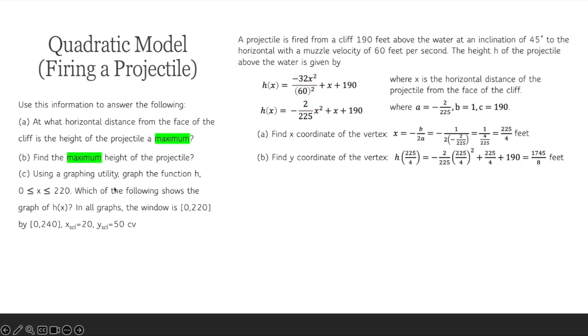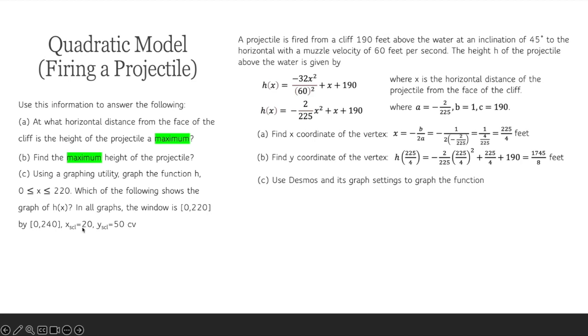Now I'm going to use a graph utility. I'm going to graph this function h, and I will show you the settings, because it tells me you have to read the whole thing. Use a graph to graph the h on this interval, and the graph also has to go from 0 to 220 for the x, and 0 to 204 for y.